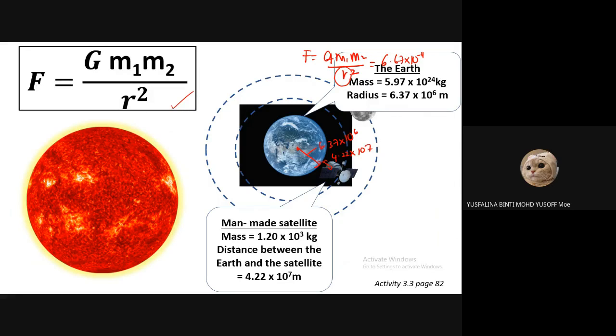Still working on the answer? Why is the R here? Do you only take the radius of the Earth, or do you have to add the radius of the Earth and also the distance between the Earth and the satellite? 202.47 Newton.